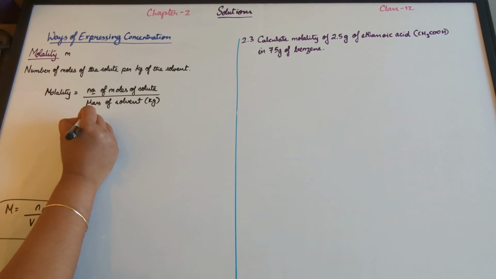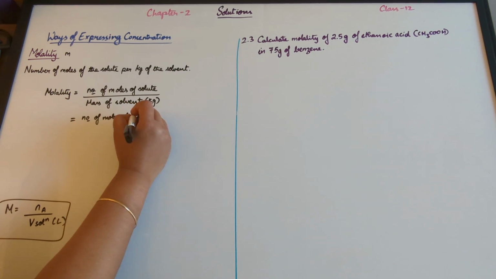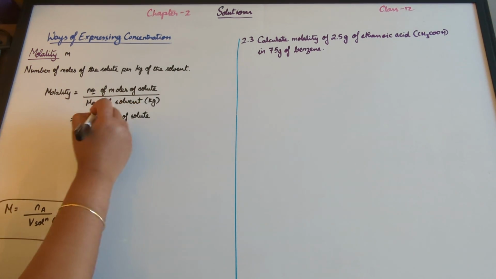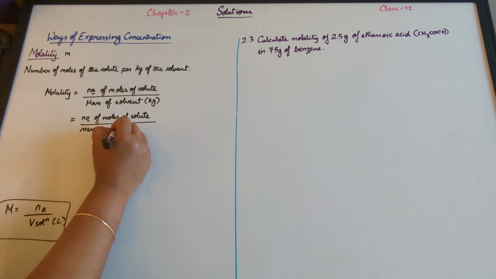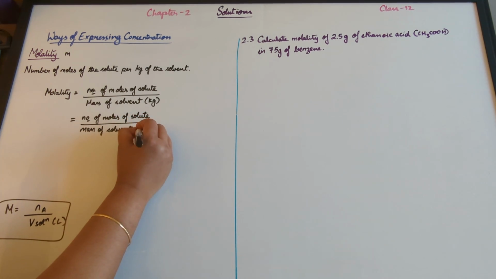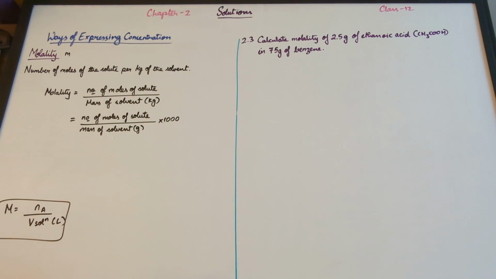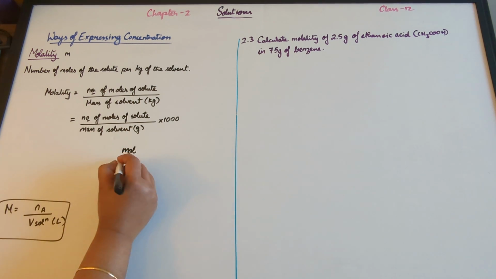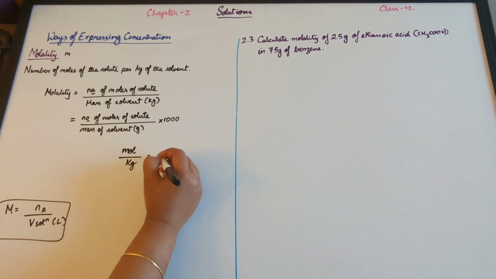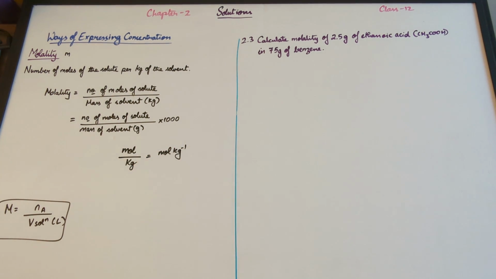And it can also be written as number of moles of the solute divided by mass of the solvent in grams into 1000. It's similar to what we saw for molarity, right? And the unit is going to be moles per kilogram, because the number of moles is mole divided by kg, which is moles per kg.